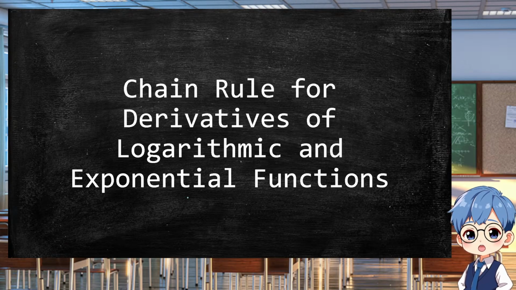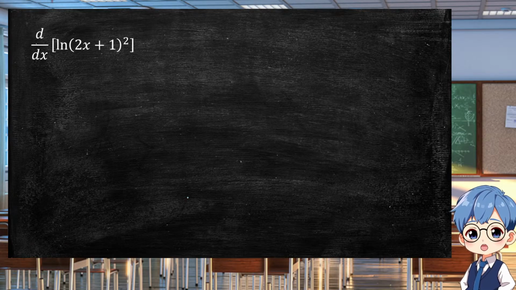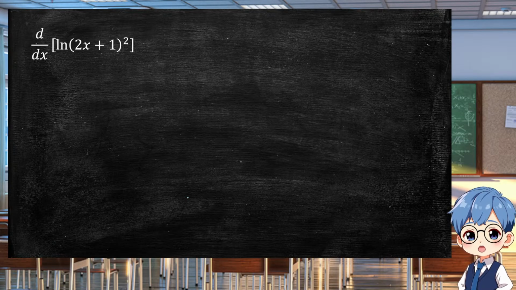For my students, you can use these examples as reference for your workbook activity 16 and 17. Let's start with logarithmic functions first before we proceed to exponential functions, because the workbook starts with logarithmic functions, followed by exponential functions at activity number 17.